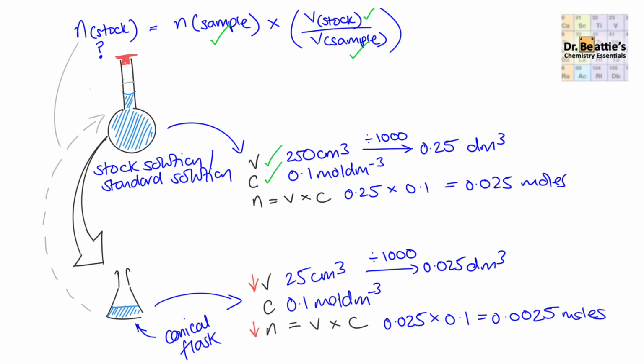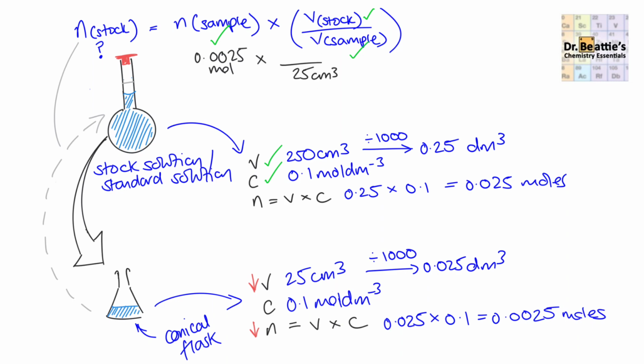So let's just imagine that we don't know we started with 0.025 moles in our stock solution. But what we did do is test this sample solution and we worked out that we had 0.0025 moles. Then what we do know is the volume of the conical flask, our sample, is 25 centimeters cubed, as stated here.